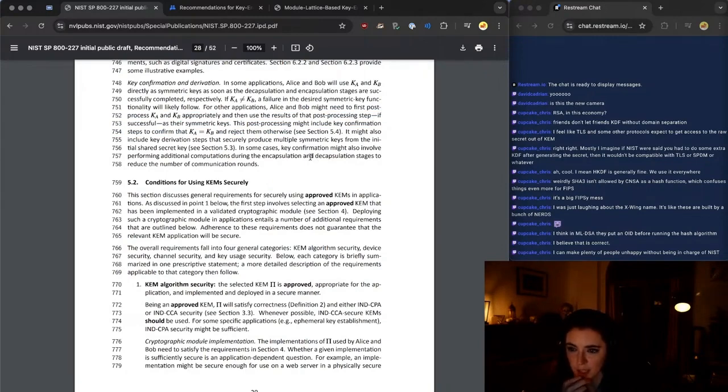Post-processing might include confirmation. That's what the protocol in Figure 5 is doing, to confirm that KA equals KB and reject them otherwise. Sure. This is basically them doing a MAC with a subset of the shared secret value and then checking the MAC. And it's like, yeah, sure, all right. That's a way to do it.